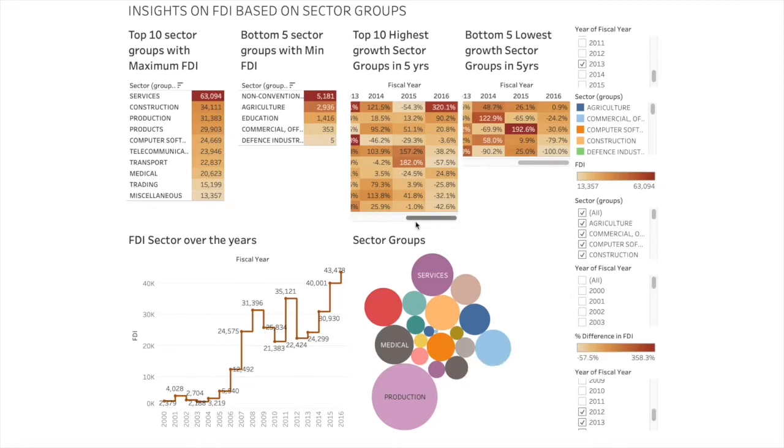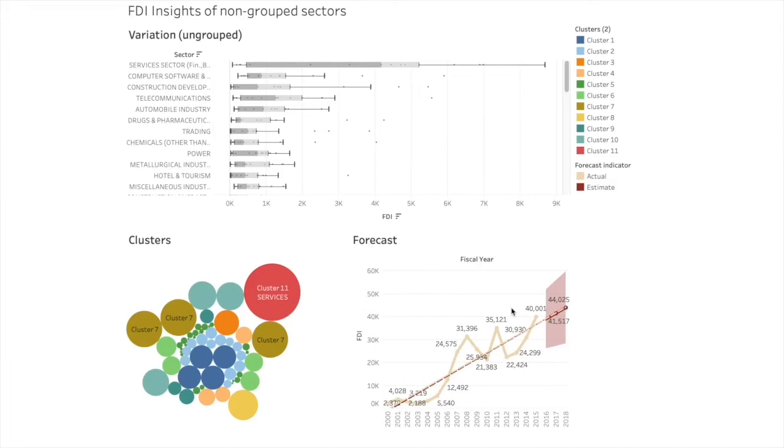Now, fast forward, I would like to take you to my next dashboard that I created. This is FDI insights on non-group sectors. The non-group sectors are the sectors I told you about earlier. That is the original data set that I got, the various sectors.